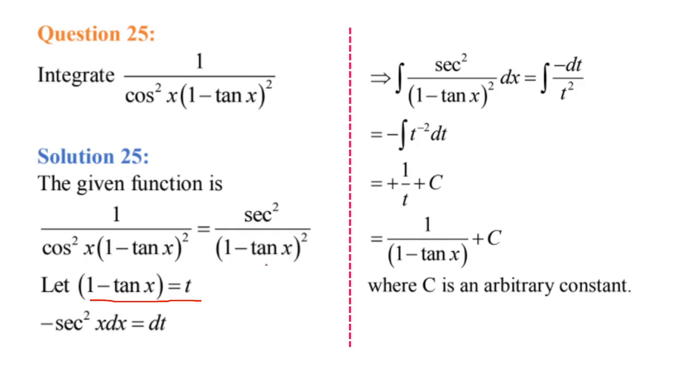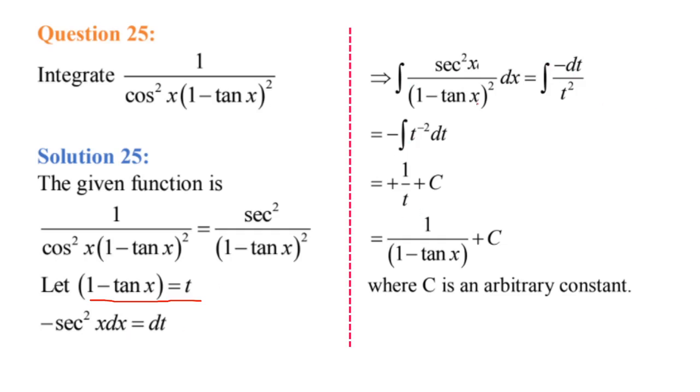So whenever we have the derivative of the denominator in the numerator, it's better to assume the denominator as equal to some variable like t. So now the given integral will become sec square x dx. Sec square x dx will be what? It will be sec square x dx is equal to dt.